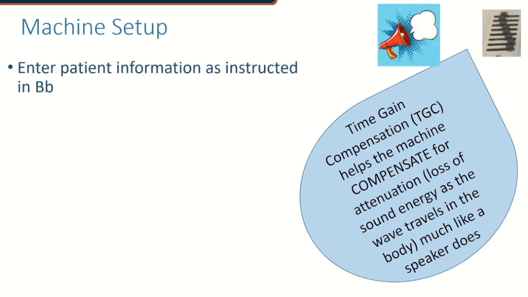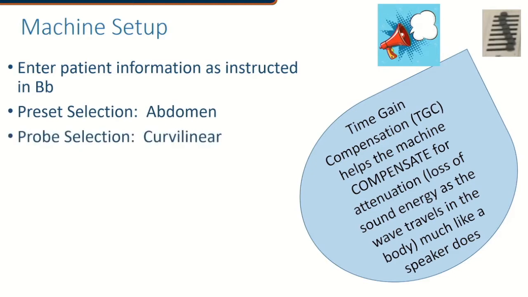We are going to set up the machine with our patient data. And that will have been given to you beforehand in Blackboard. But we're going to start with the preset of an abdomen with a curved linear probe. Now, a phased array is absolutely acceptable, but typically we'd be using a curved linear.